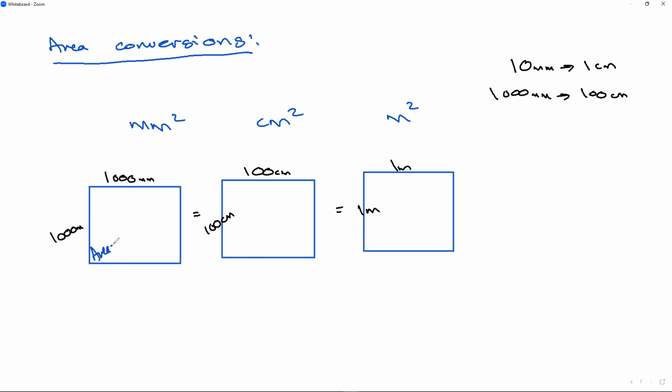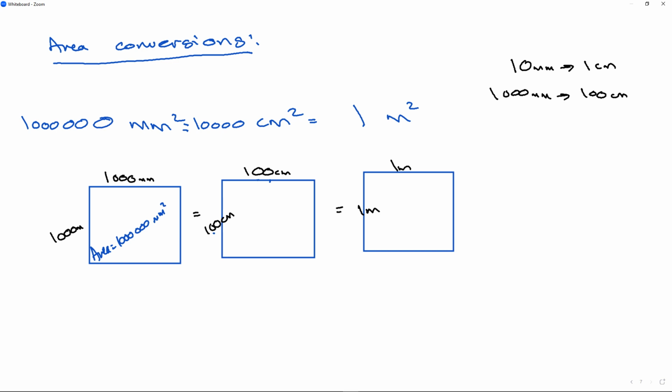So this area will come to 1,000,000 millimeters squared. This one here would come to 10,000 centimeters squared. And it's the same thing, so they're equivalent. And this is 1 meter squared.